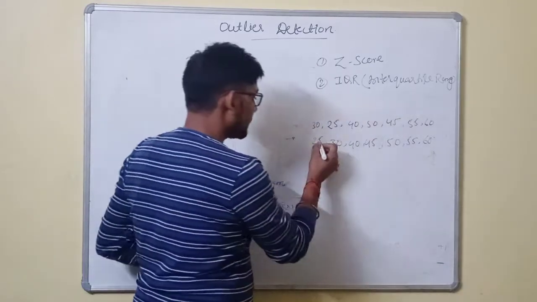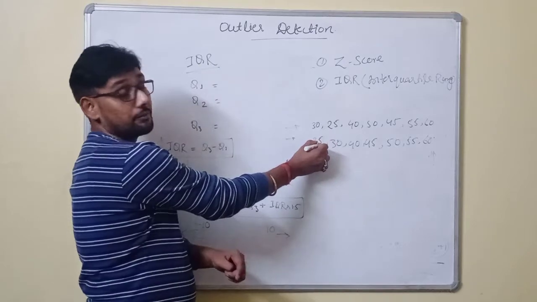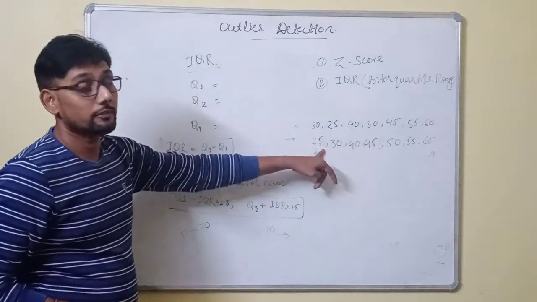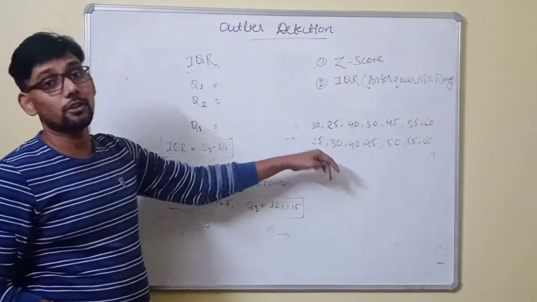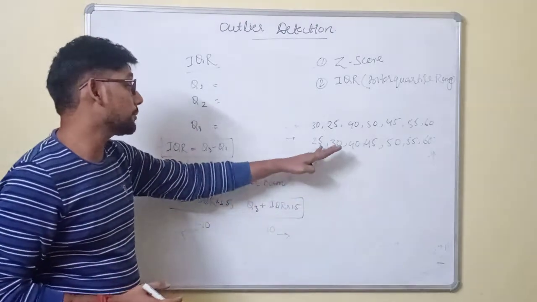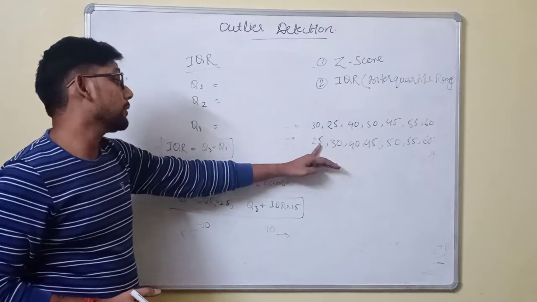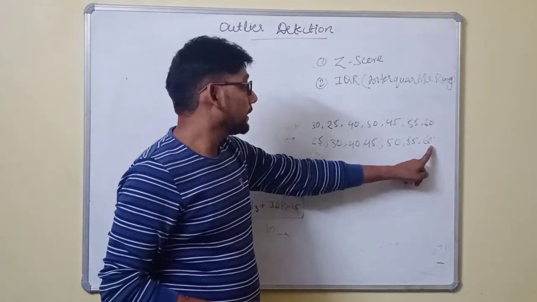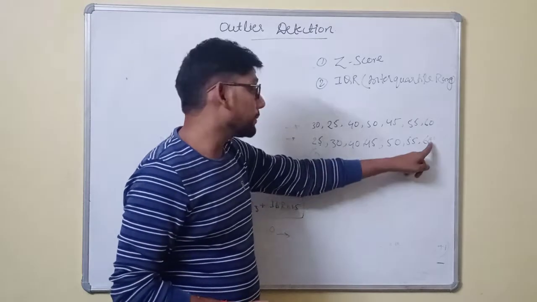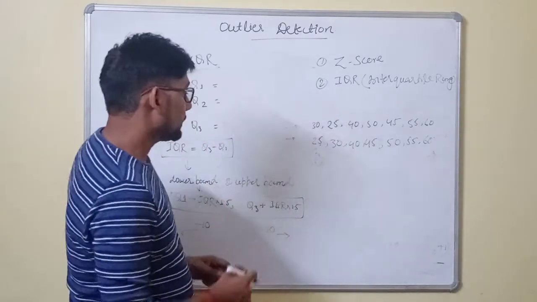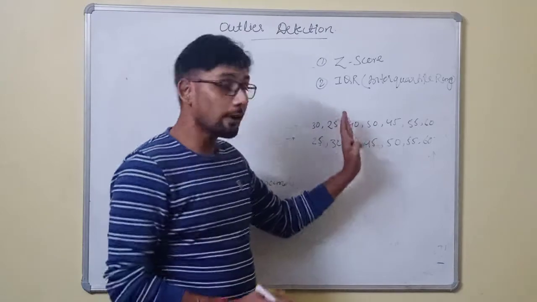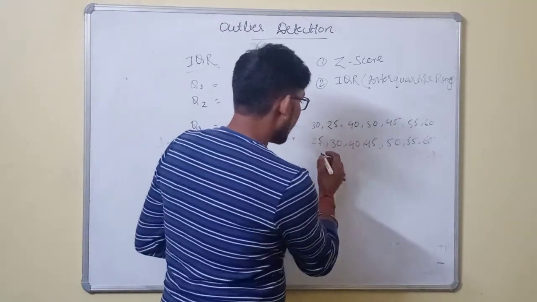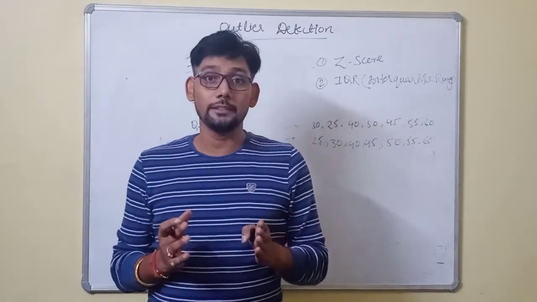We can say that this is the 0 percentile. Even though he got 25 marks, we define it as 0 percentile because 0% of students have marks below 25, right? Here 60 is the highest, so it would be the 100 percentile. Now the middle point would be the 50 percentile. Middle point means median, right?